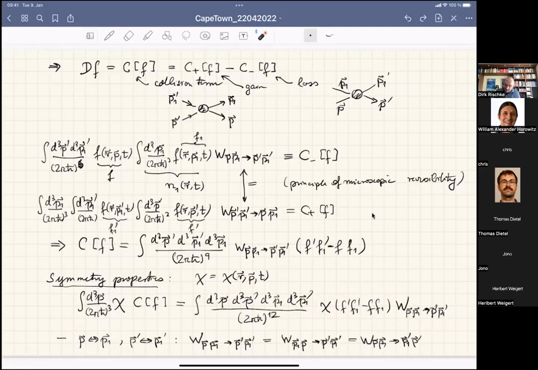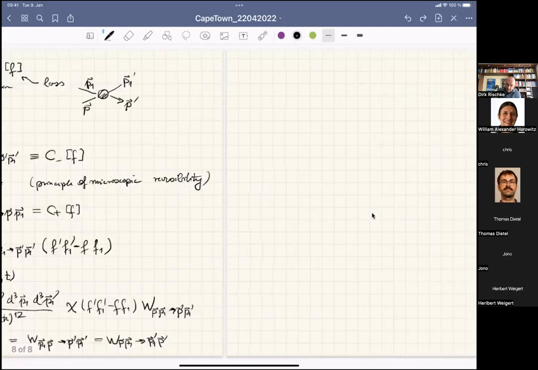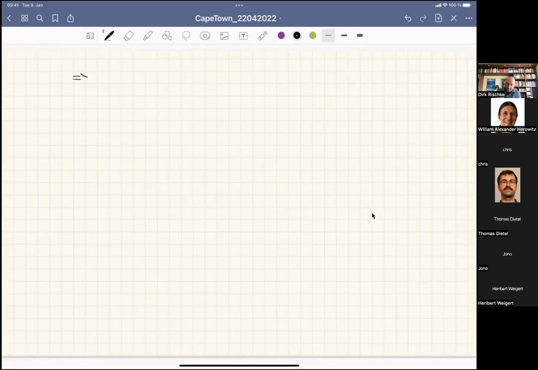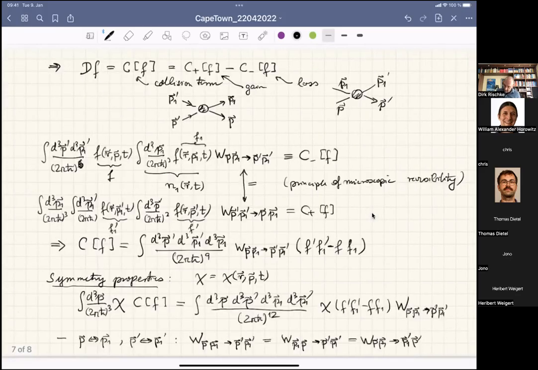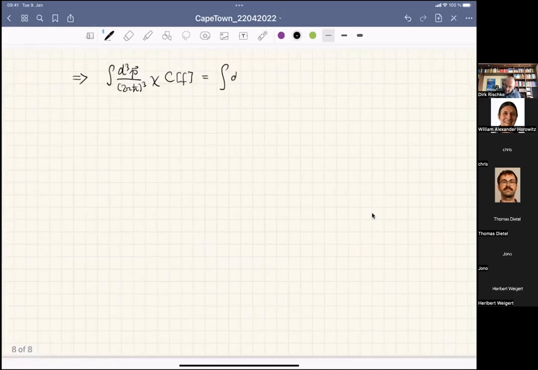So now I unfortunately have to change pages. My integrated collision term I could write now as, let me abbreviate this whole thing by d capital P, so I don't have to write everything, the d capital P integration measure.